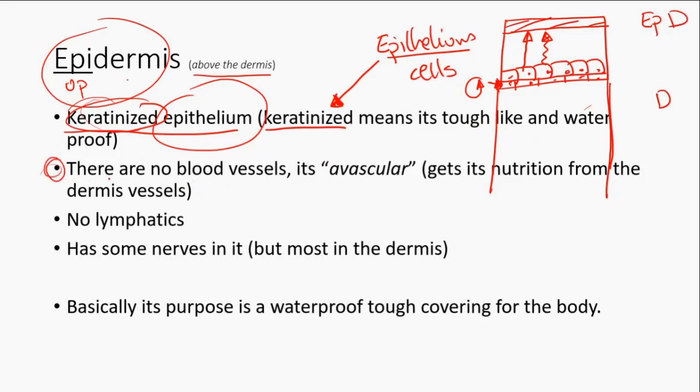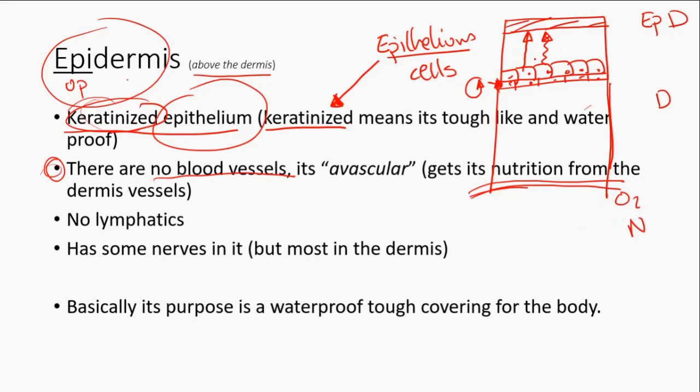So the second thing to know about the epidermis is that there's no blood vessels inside it. There's only blood vessels in the dermis. So you might be asking, how do these cells survive? Because it's the blood vessels that carry the oxygen and the nutrients. So how are these cells here being nourished?